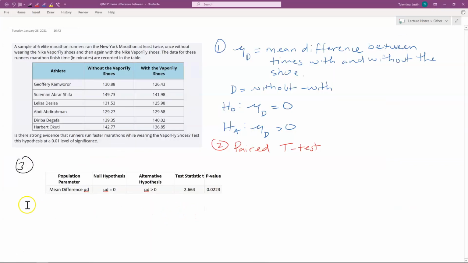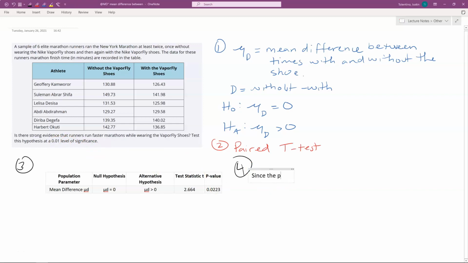All right, so there we go. So what does this mean for us? Remember, we are trying to compare this at the 0.01 level of significance. So our fourth step is to make that conclusion. Well, first thing we notice is that 0.0223, our p-value, is actually greater than 0.01. So we want to make note of that.